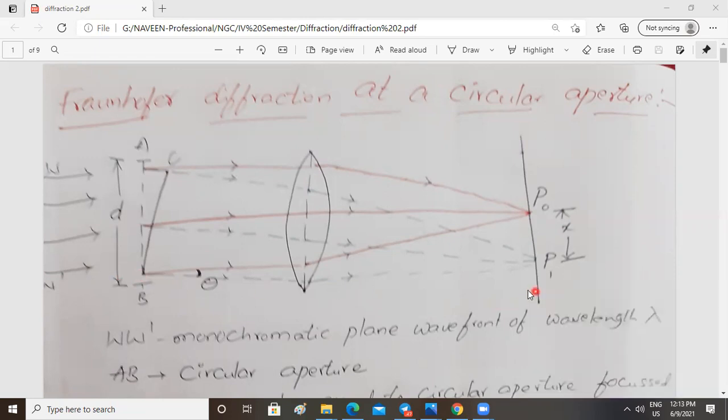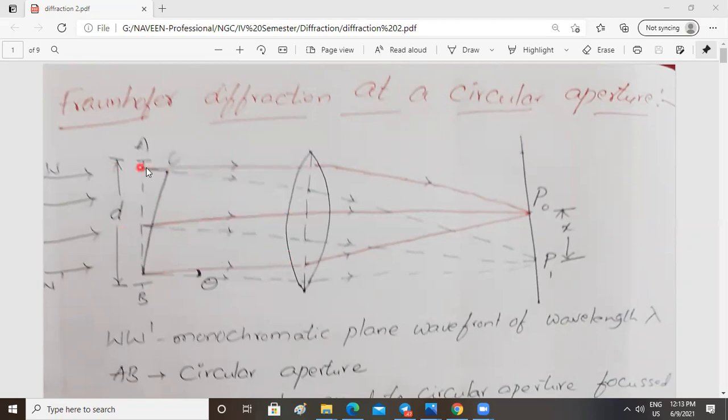Let me show you. This is the circular aperture, and as we said earlier, W dash is a plane wavefront which is incident normally on the slit, and if the slit were not there, these waves would trace this path without deviating by any angle.